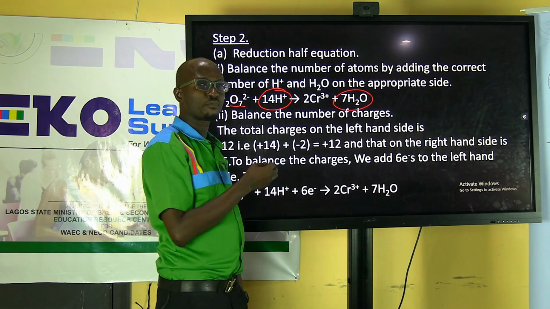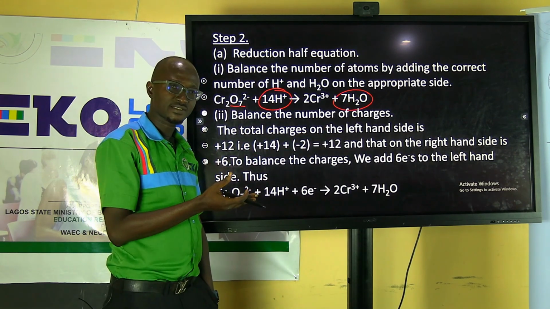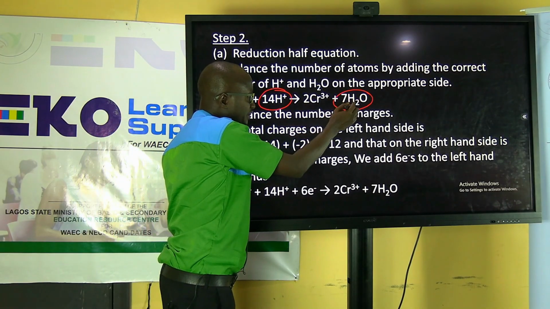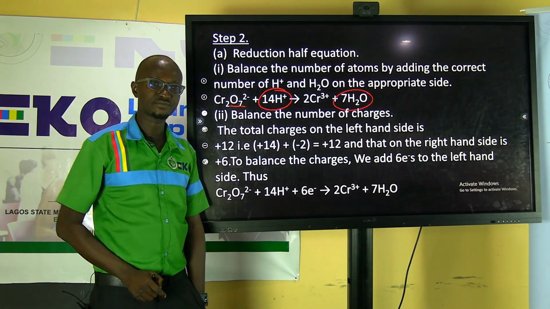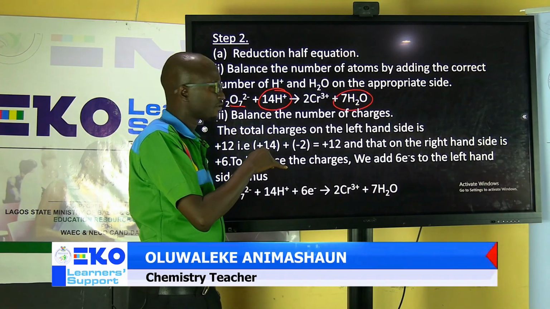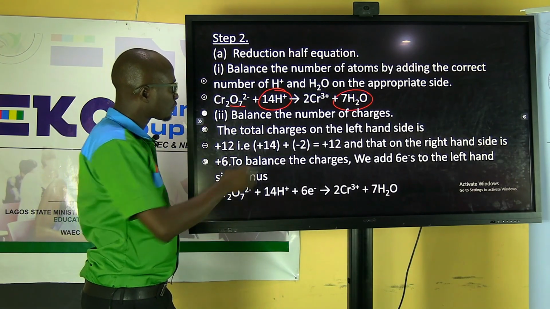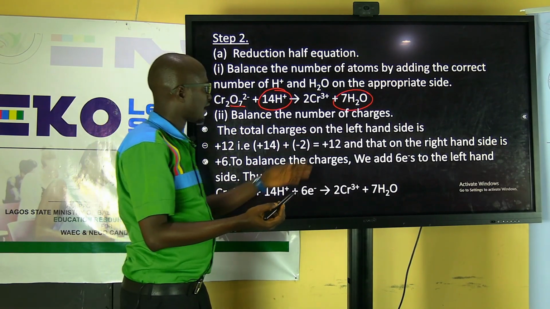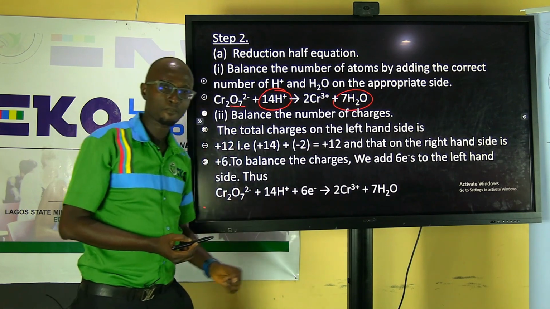Now, in trying to balance oxygen, we have created another problem, because now there is hydrogen here, but there was originally no hydrogen on this side. Remember I told you that these were just added to balance it, following these steps. Since we have added 7 water, I have to find out how many hydrogen has been introduced to this side.